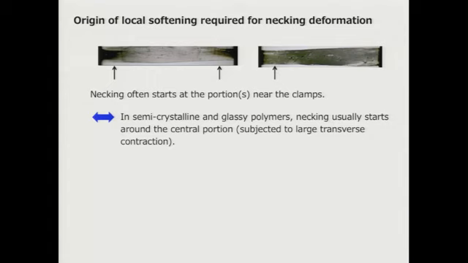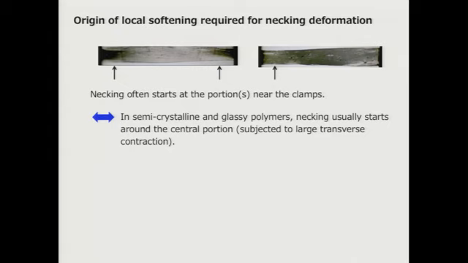In the experiments, we noticed that necking often starts at the portion near the clamps. This is not usual, because in conventional familiar necking phenomena, necking usually starts around the central positions.